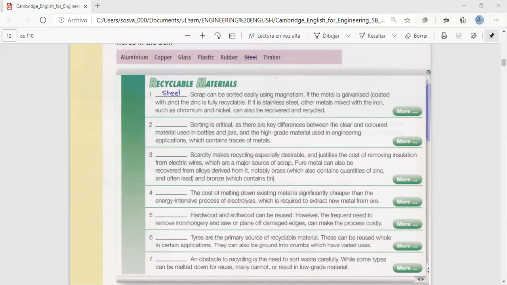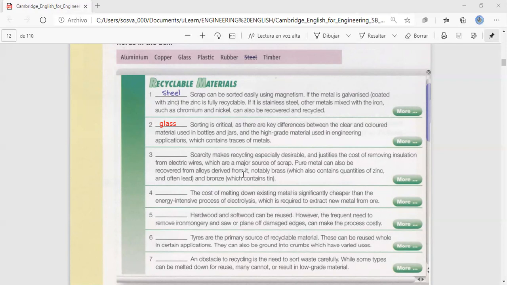So if I see that class of materials, it can be the difference between the clear and color material. The glass, because it's used in bottles and jars. Yes, bottles and jars.